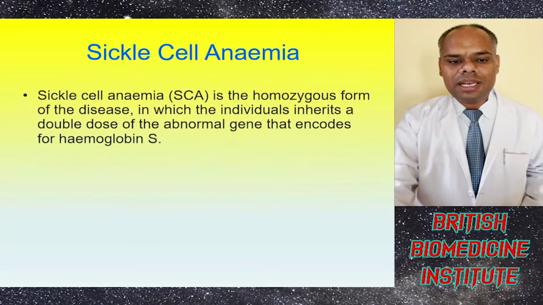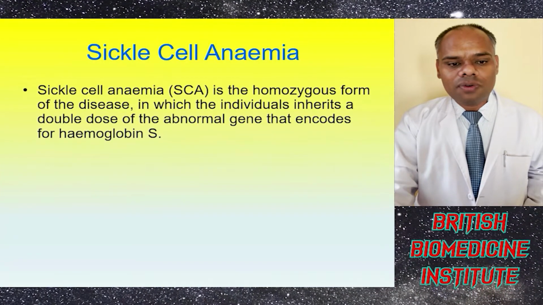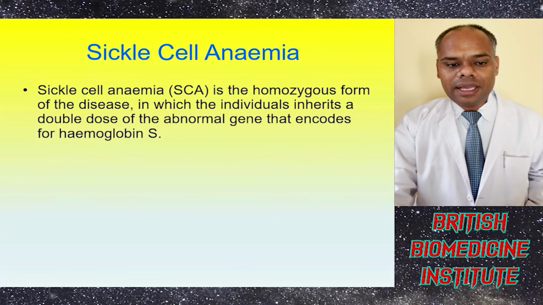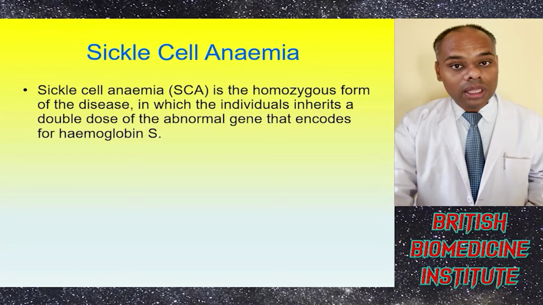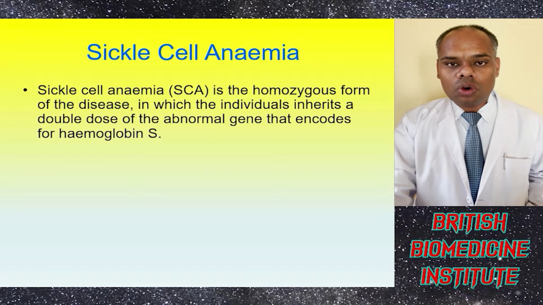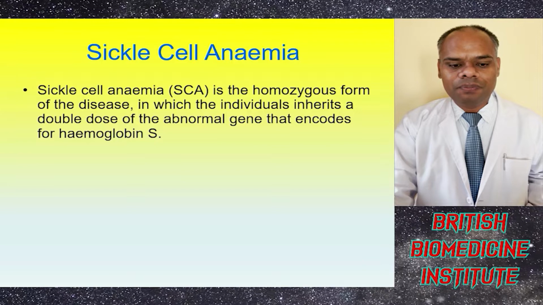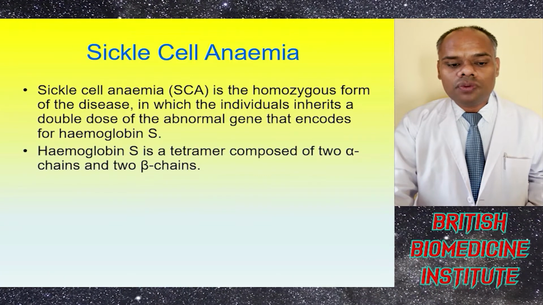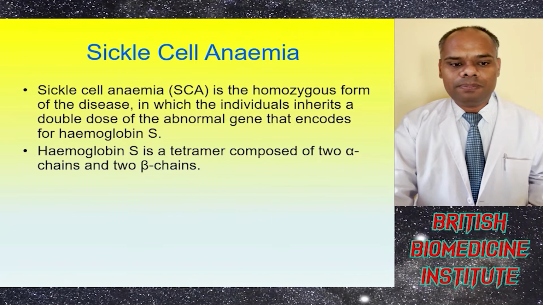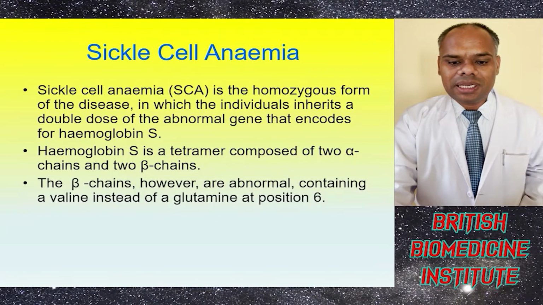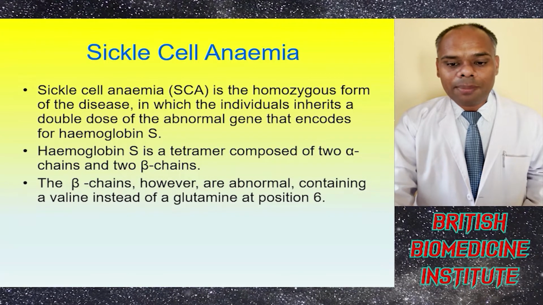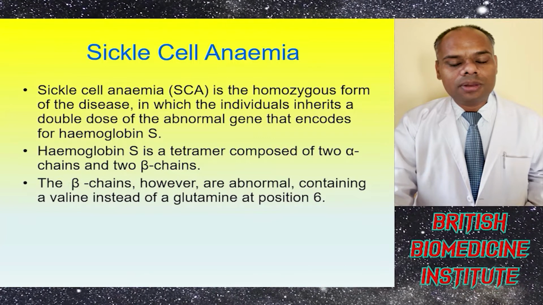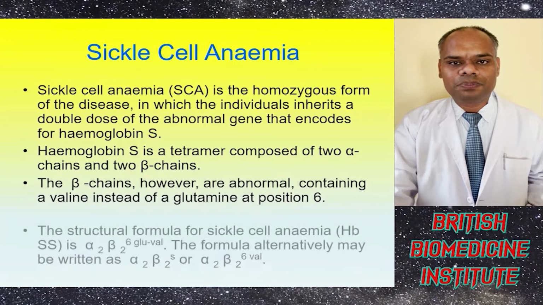Sickle cell anemia is basically a homozygous form of the disease in which a patient inherits a double dose of the abnormal gene which encodes hemoglobin S. Hemoglobin S is a tetramer composed of 2 alpha chains and 2 beta chains. The beta chain is, however, abnormal and consists of valine instead of glutamic acid at position number 6.